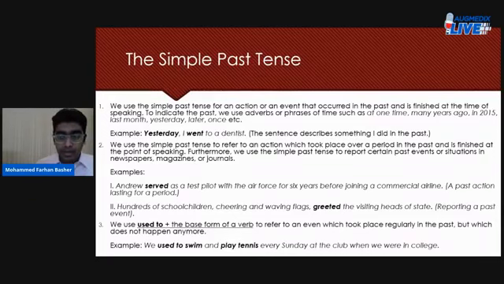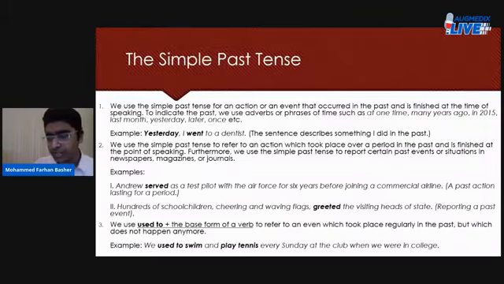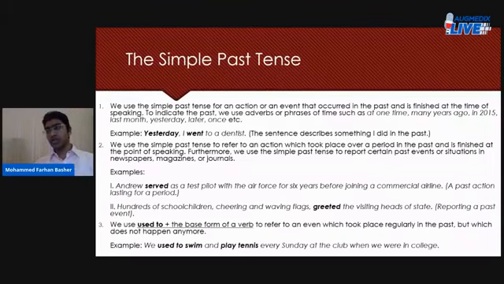Okay. The second example under rule number two is: Hundreds of school children cheering and waving flags greeted the visiting heads of state. Here, you are reporting a past event, right?